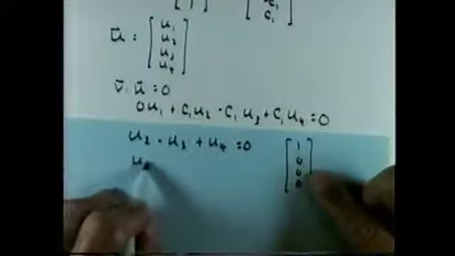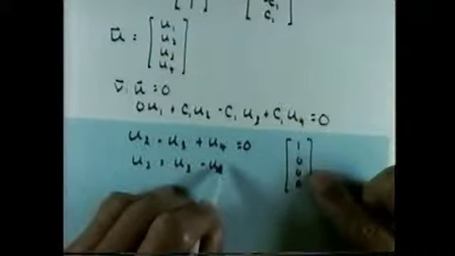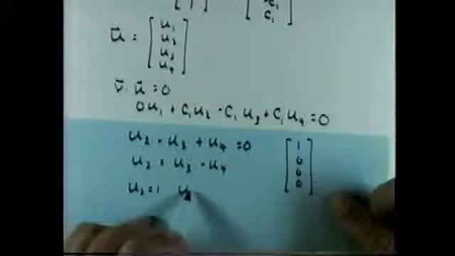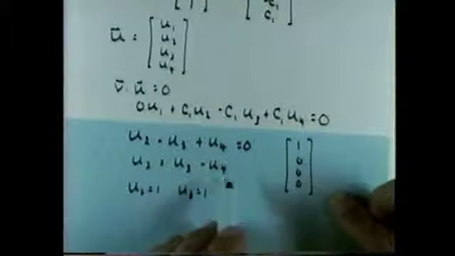Now other solutions, we can look here and see that U2 is U3 minus U4. So if I say let U2 be 1 and U3 be 1, then U4 has to be 0.